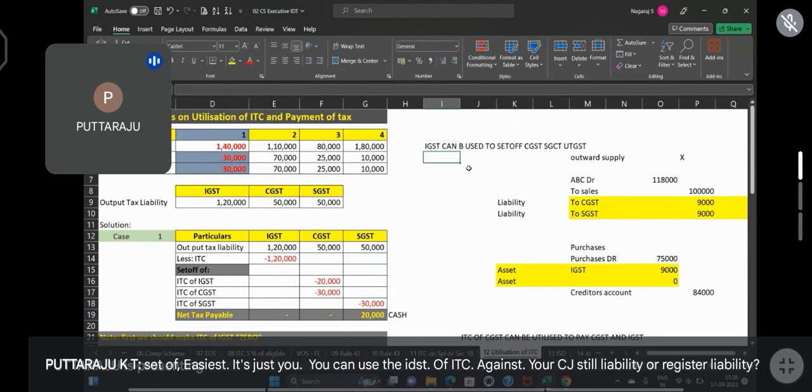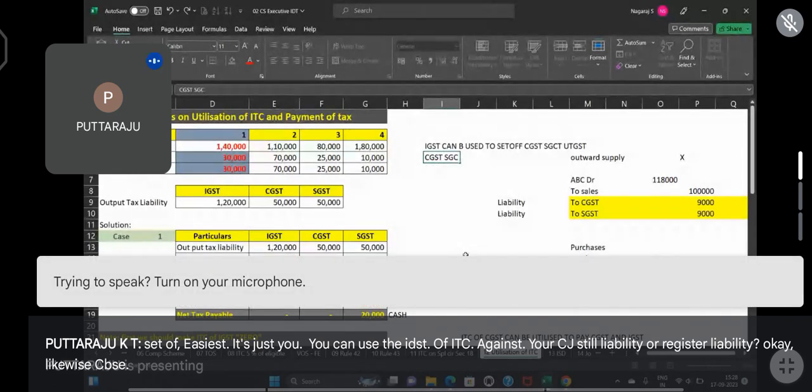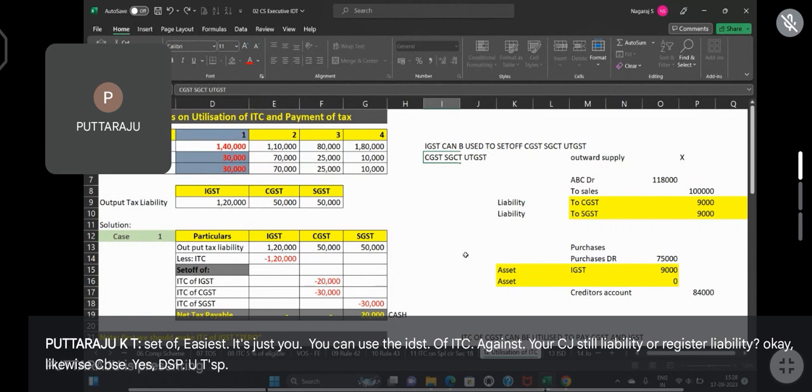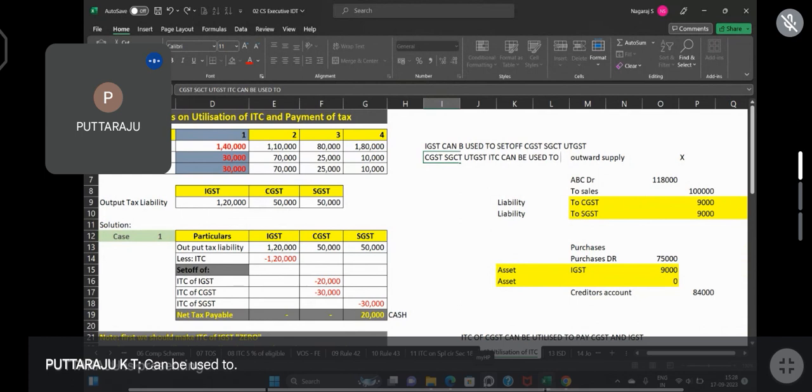Likewise, CGST, SGST, UTGST ITC can be used to pay IGST.